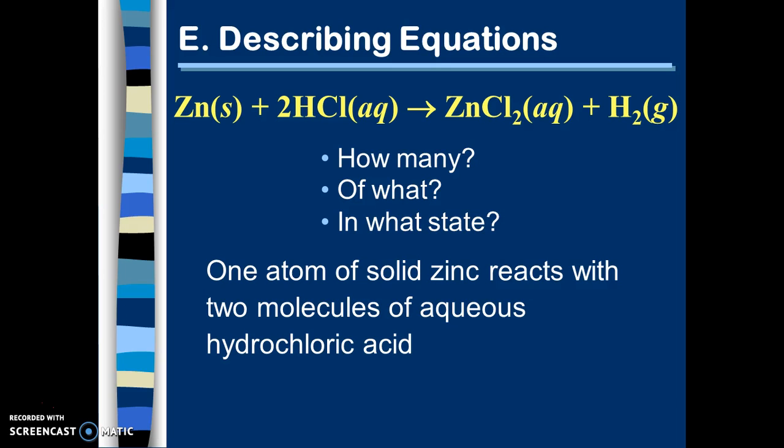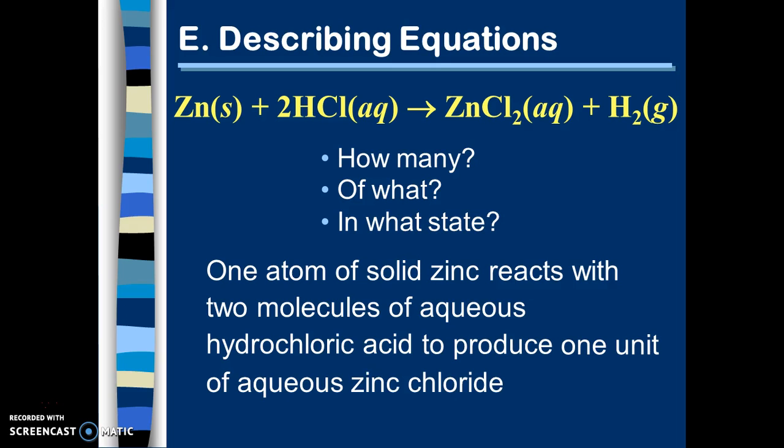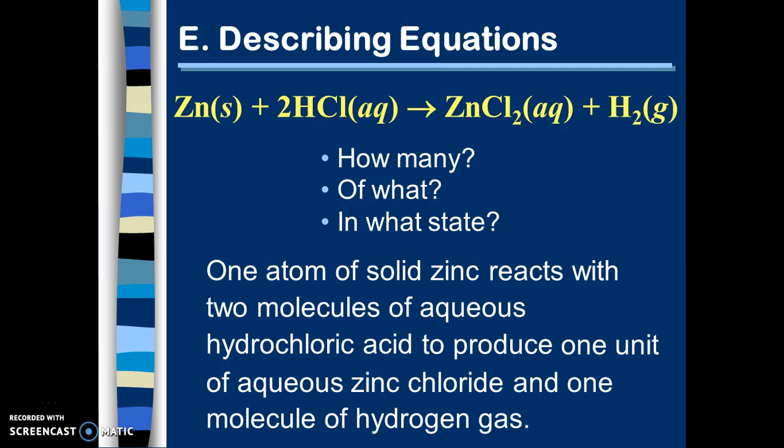HCl is hydrochloric acid. Remember, anything that begins with hydrogen is an acid. So 1 atom of solid zinc reacts with 2 molecules of aqueous hydrochloric acid to produce 1 unit of aqueous zinc chloride, or we could say 1 compound of aqueous zinc chloride, and 1 molecule of hydrogen gas.